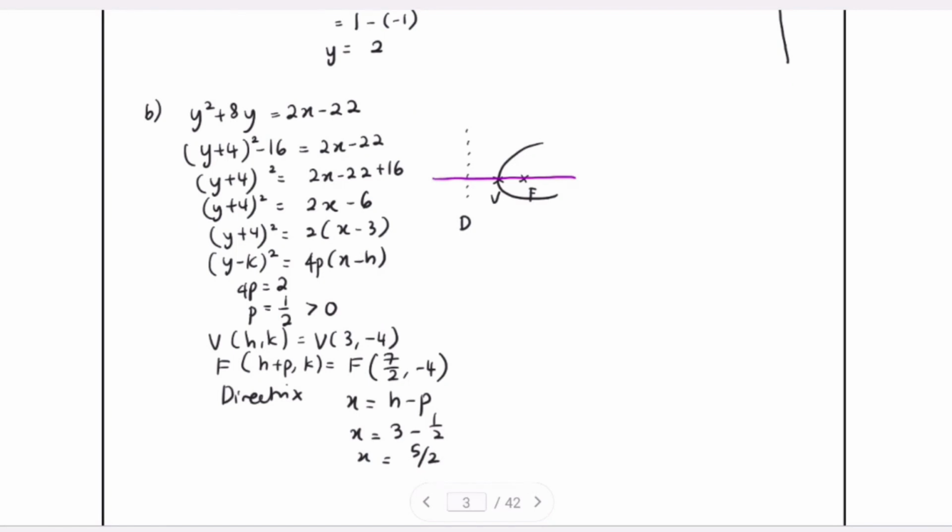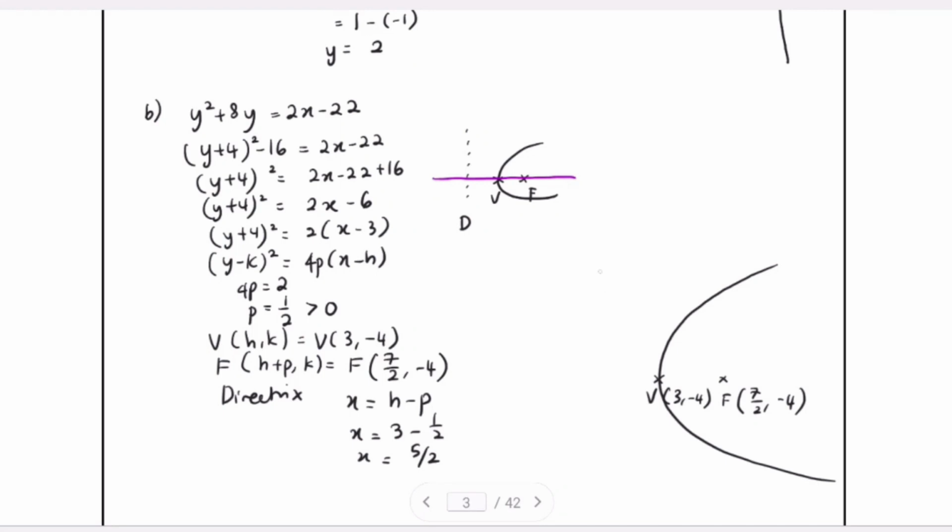Okay, let's sketch the graph. So it's going to be like this. So this is our v. Our v is (3, negative 4). And our f is (7 over 2, negative 4).